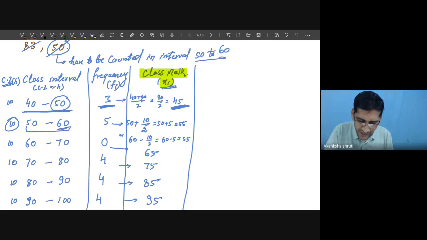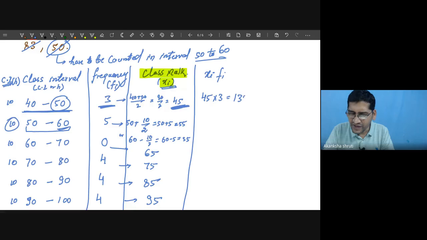So the next column that you have to make is the multiplication of xi with fi. So keep in mind, 45 has to be multiplied by 3. Then you have to write it here. So 45 multiplied by 3 is how much? 135.